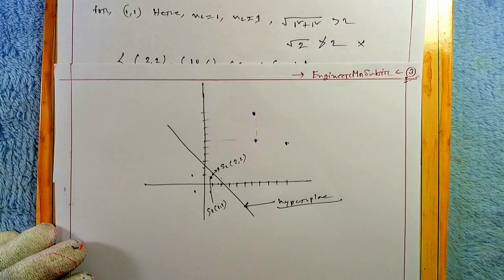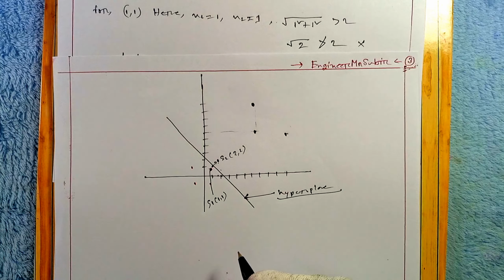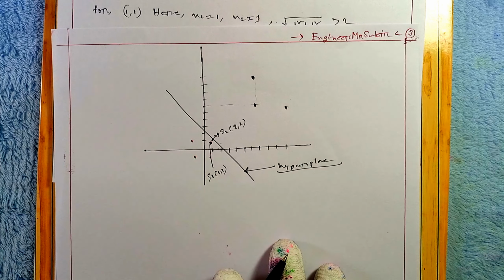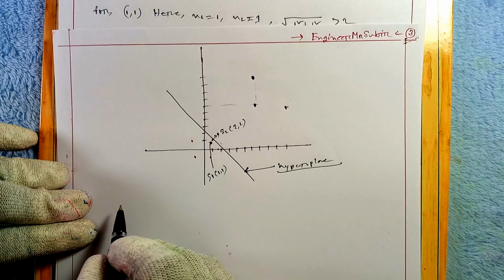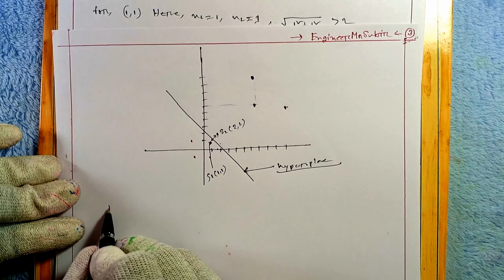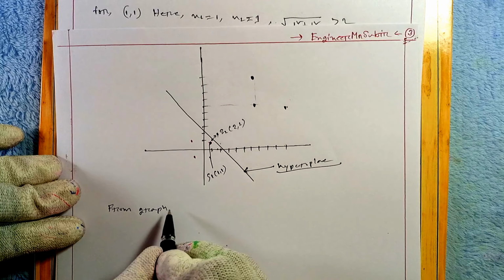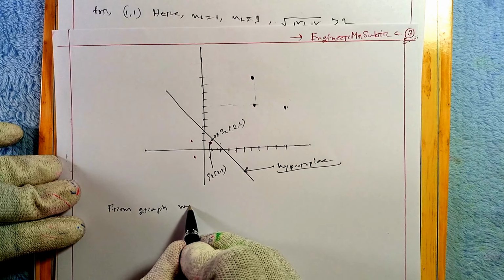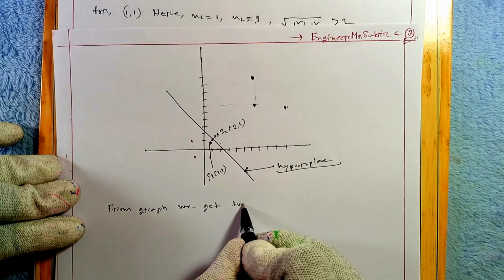Okay, let's find out the maximum margin. For this we have to find the value for alpha 1 and alpha 2, because we have two support vectors S1 and S2. How can you find the values for alpha 1 and alpha 2? From here we got two support vectors.